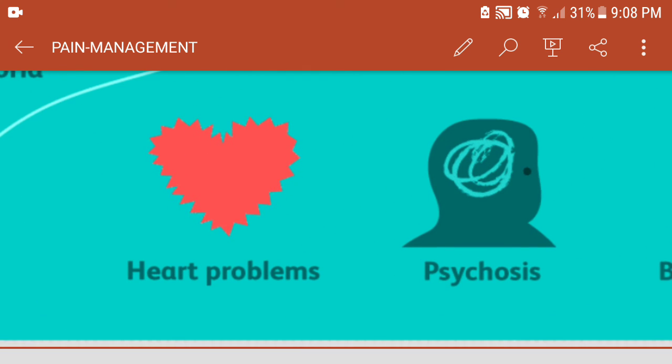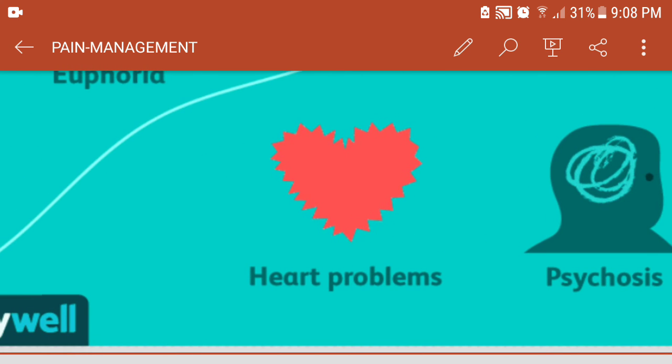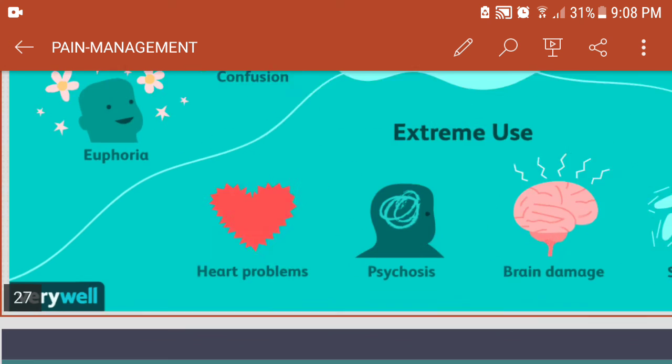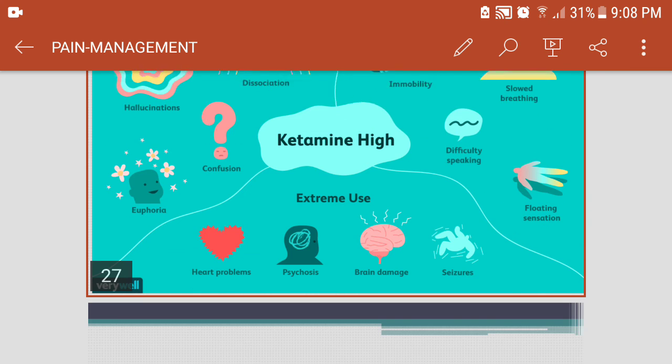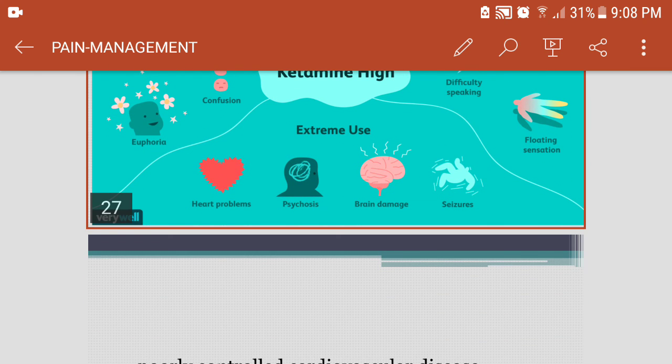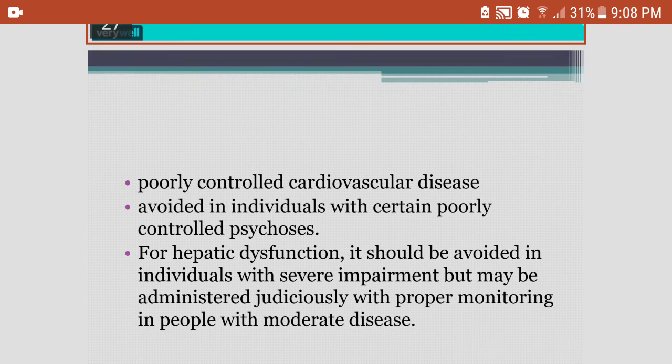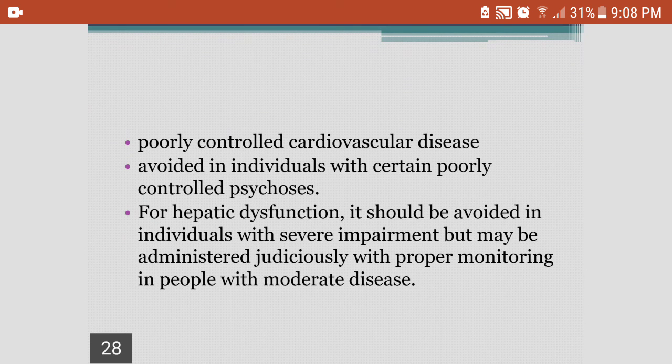Increase or decrease in the heart rate, also increase or decrease in the blood pressure. So from the side effects, we can conclude that ketamine is not used with patients who have poorly controlled cardiovascular disease, patients who have high blood pressure, patients who have arrhythmia, also patients who have bipolar disease, as well as hepatic dysfunction.